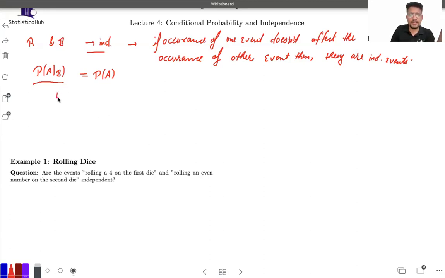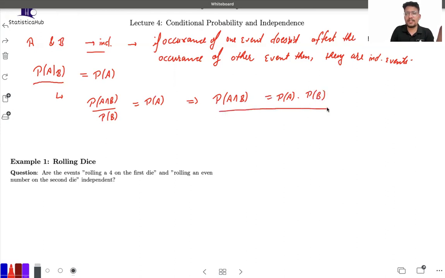So if you just expand this form, I'll be getting probability of A and B over probability of B, that is coming out to be probability of A. So you can simply write this as probability of A and B, that is coming out to be probability of A into probability of B. So that is the concept where we can say the events are independent.